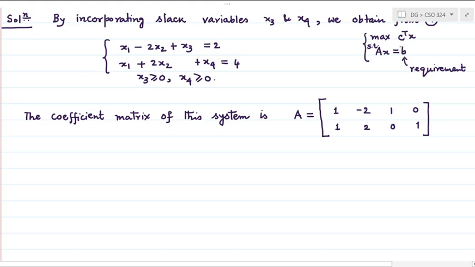Satisfying that, you try to find the maximum value of your profit C transpose x, and this is called the profit function or the objective function which you want to maximize. The objective function is C transpose x. The matrix A is called the coefficient matrix of the system Ax equals b.